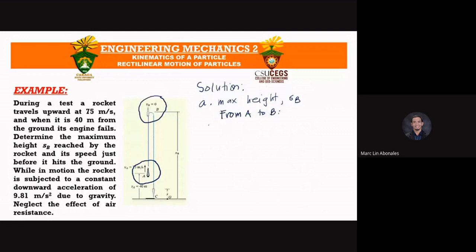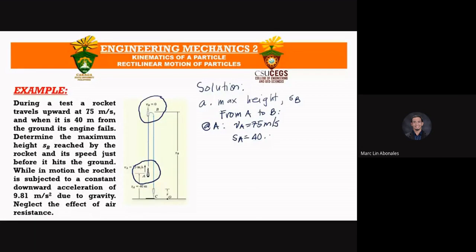At point A, the initial velocity, VA, is 75 meters per second, given in the problem. The initial position at point A, measured from the origin, is equal to 40 meters.